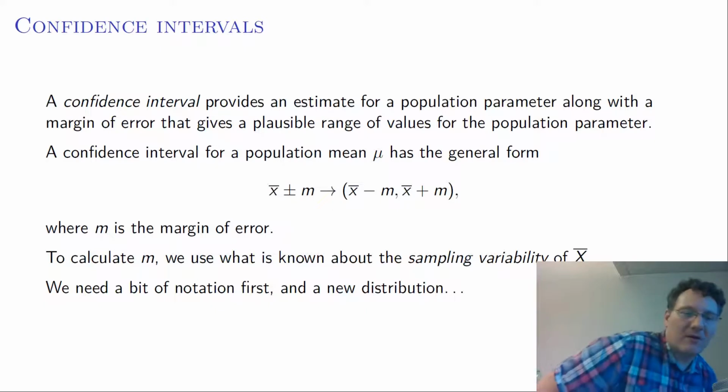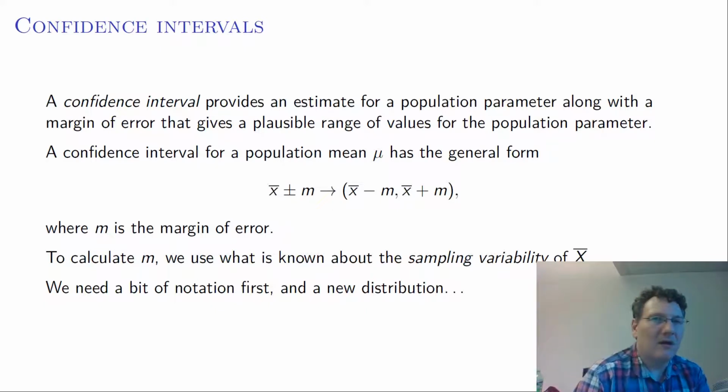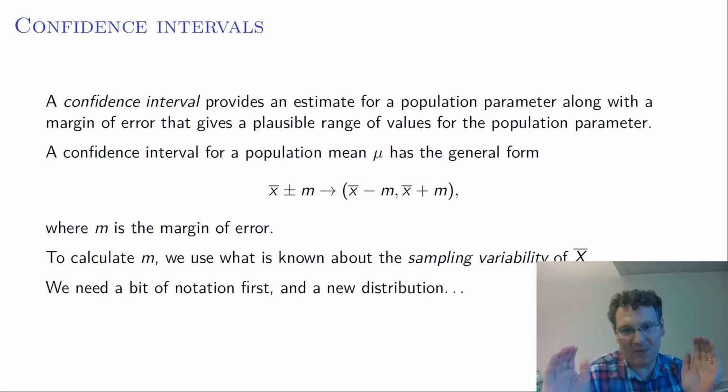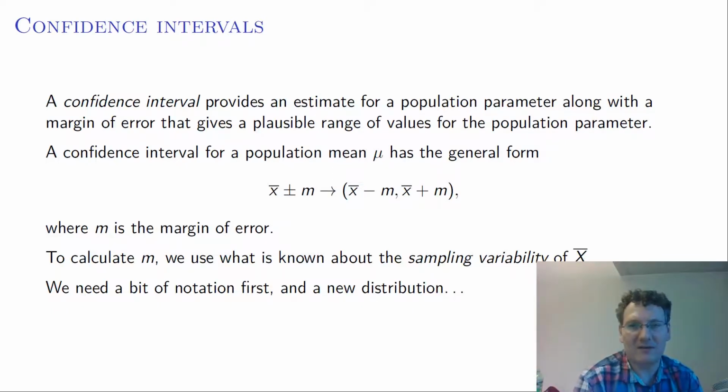Okay, so with some knowledge about the sampling distribution of, say, the sample mean, we can do better than just giving a point estimate for the population mean. Rather than guessing a certain number, we can say, I'm pretty sure that the population parameter is between this bound and that bound. So we give an interval that we're pretty confident contains the population parameter.